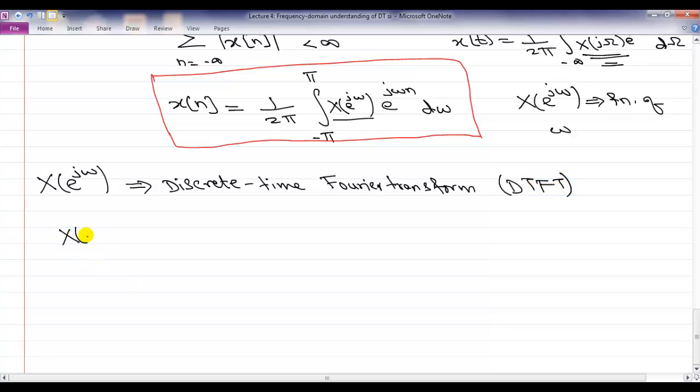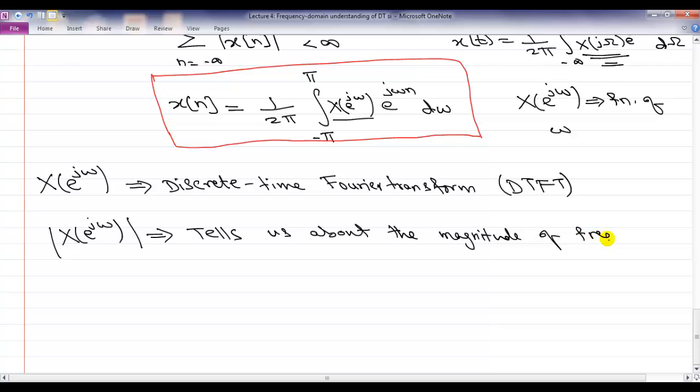Effectively, the amplitude of x of e to the j omega tells us about the magnitude of frequency little omega present in the signal.